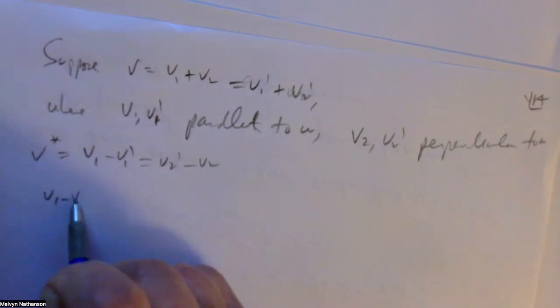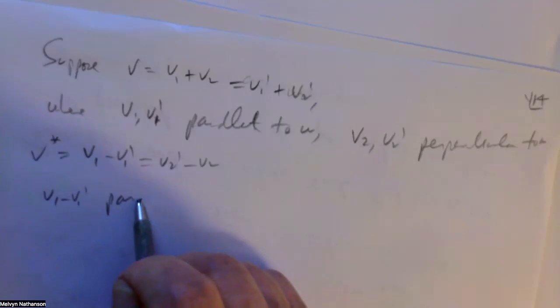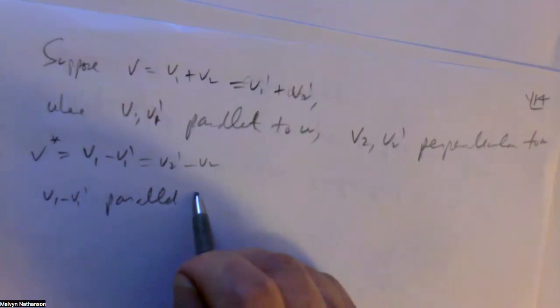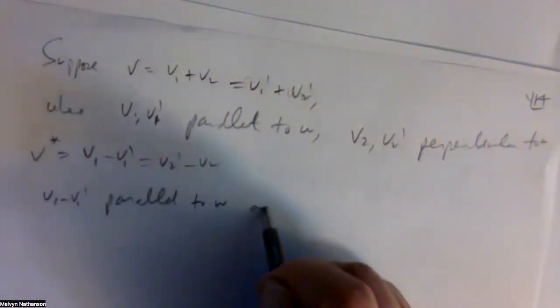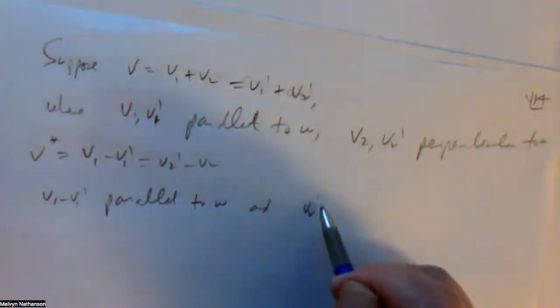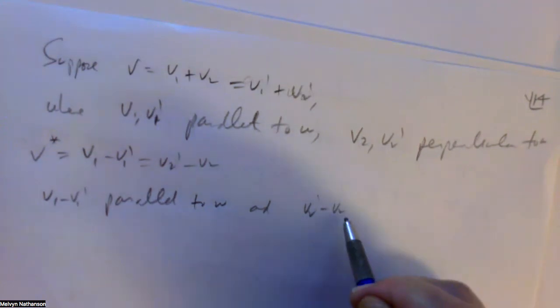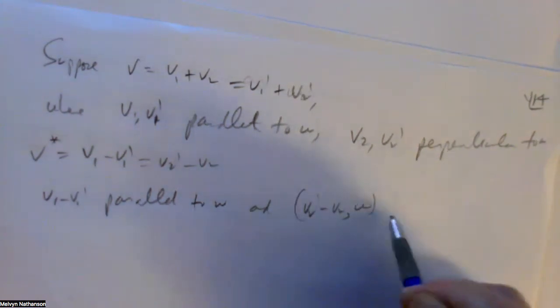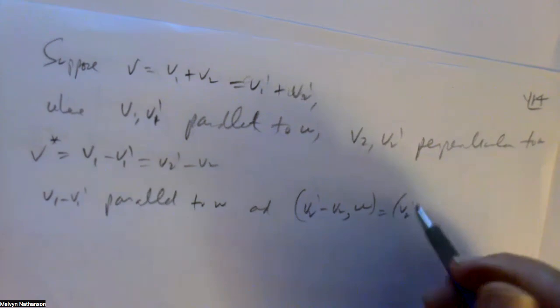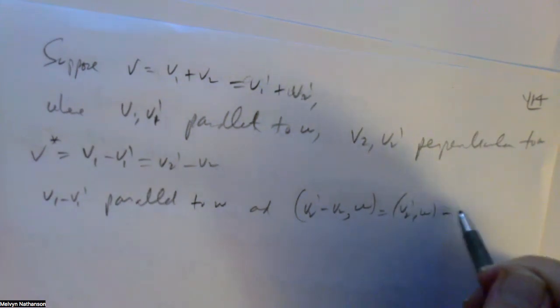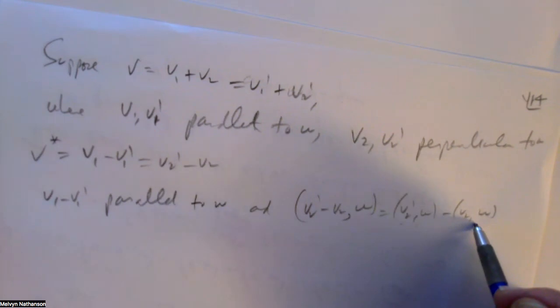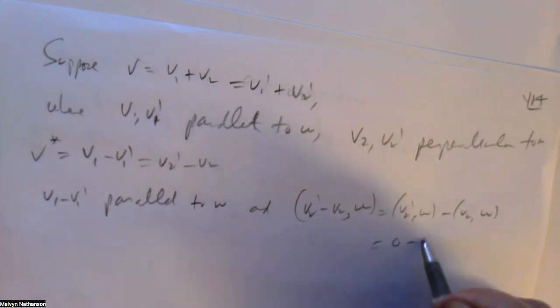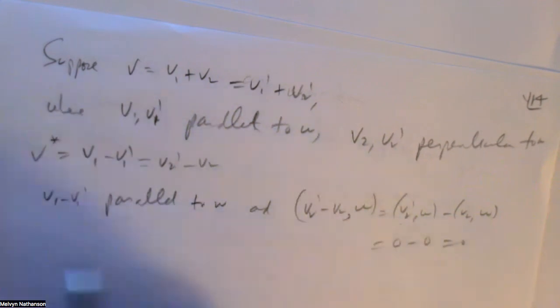So v1 minus v1 prime, these are both parallel to w, so the difference is parallel to w. And v2 prime minus v2, if I take the inner product of that with w, that's v2 prime dot w minus v2 dot w. Each of these is perpendicular to w, so each of these inner products is 0, and 0 minus 0 is 0.